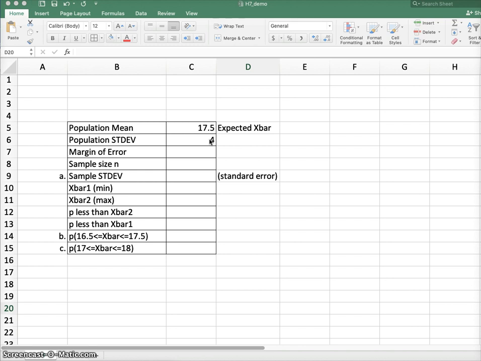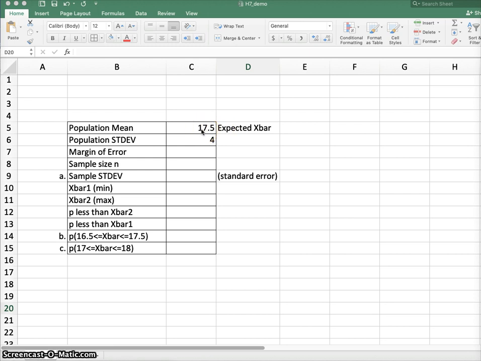Now it says show the sampling distribution of X bar. Basically it wants the expected X bar. If we take a sample of this population, we would expect the sample mean to be close to the population mean.